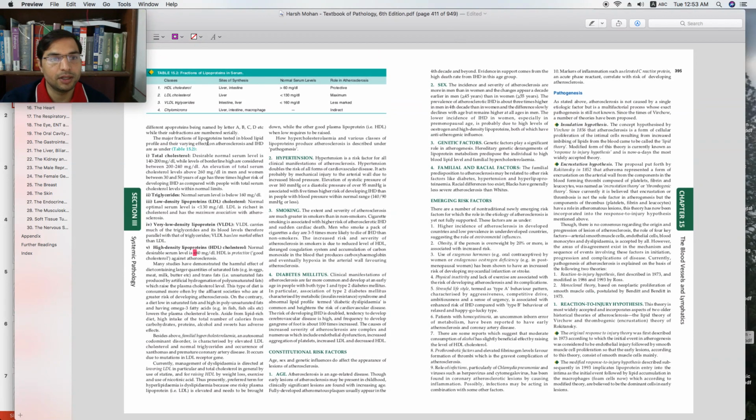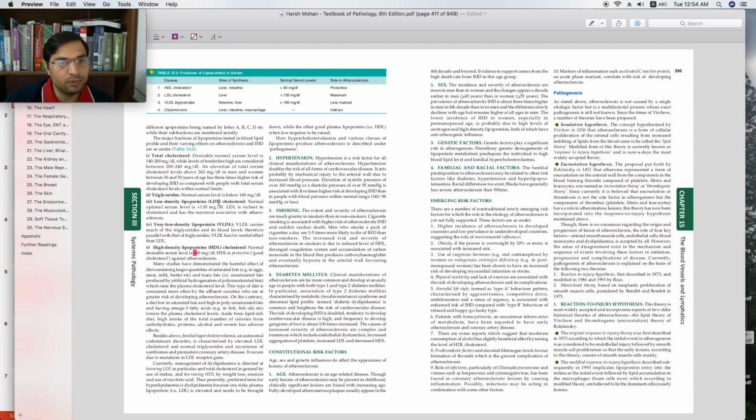So you can read the dyslipidemia values here, the total cholesterol, right? Total cholesterol is in the range of 140 to 200 mg per dl. Anything beyond that is a risk factor for development of atherosclerosis. Triglycerides, the upper limit is 160, and more than that is harmful.